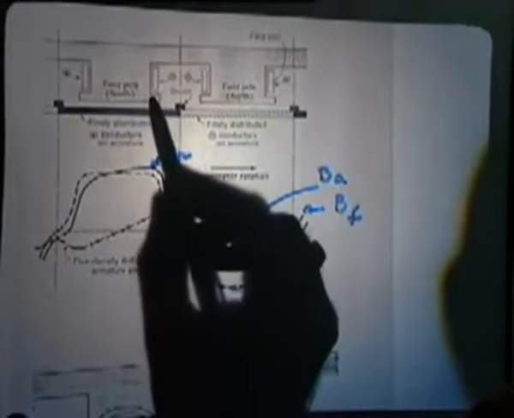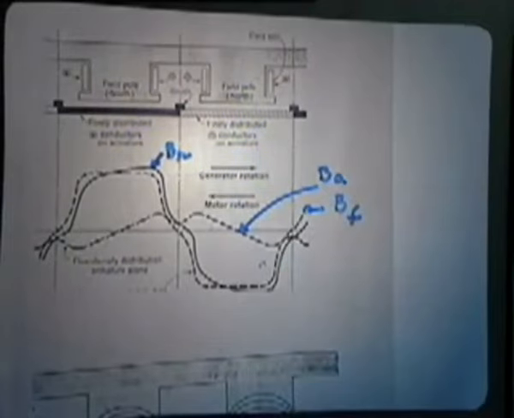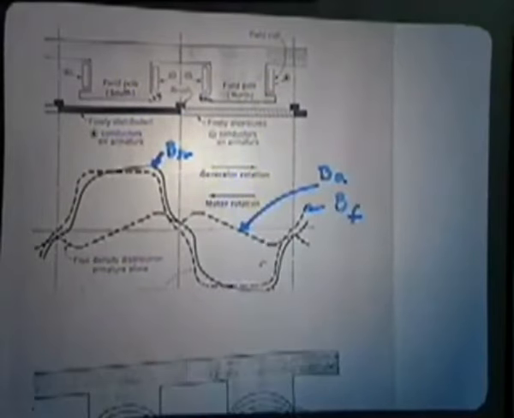That means the pole tips can be suitably formed. You can increase the reluctance here by some chamfering. Okay. In these portions you try to increase the air gap so that these portions get a little more saturated. So this is one of the methods of reducing the effect of cross magnetization. Okay.